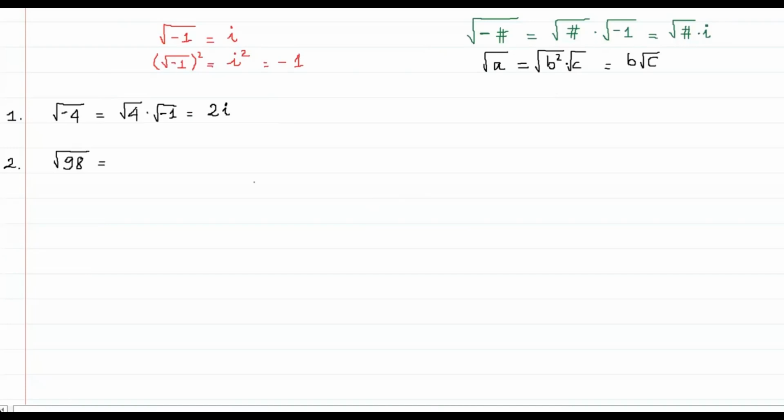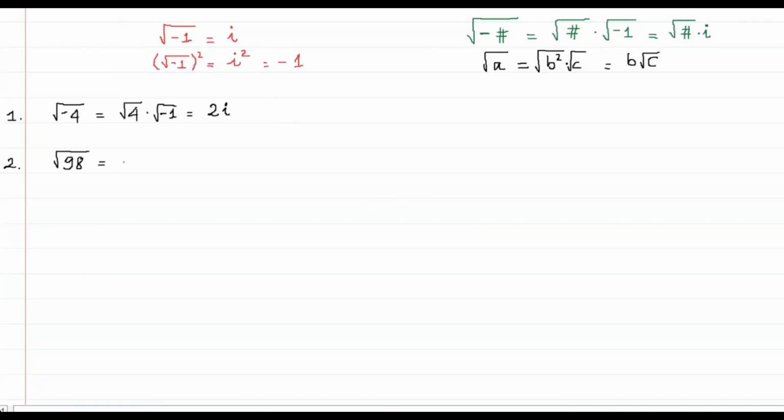In this case, 98 is an even number, so I was thinking about dividing by 2. I will get 49, and 49 is 7 squared. That's a really nice number.